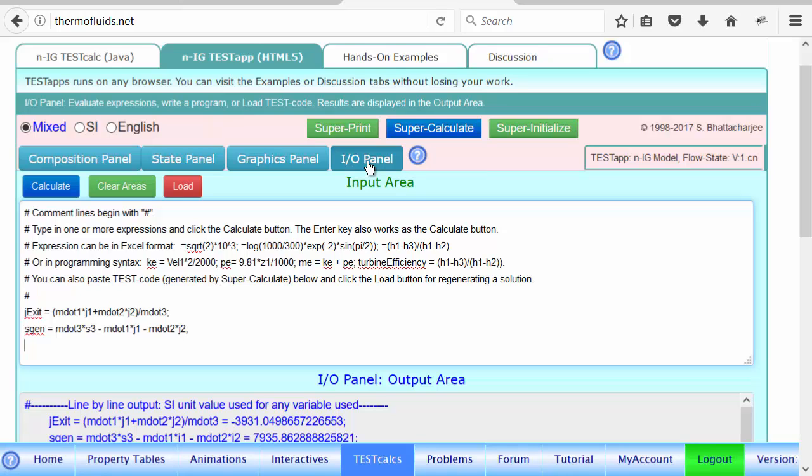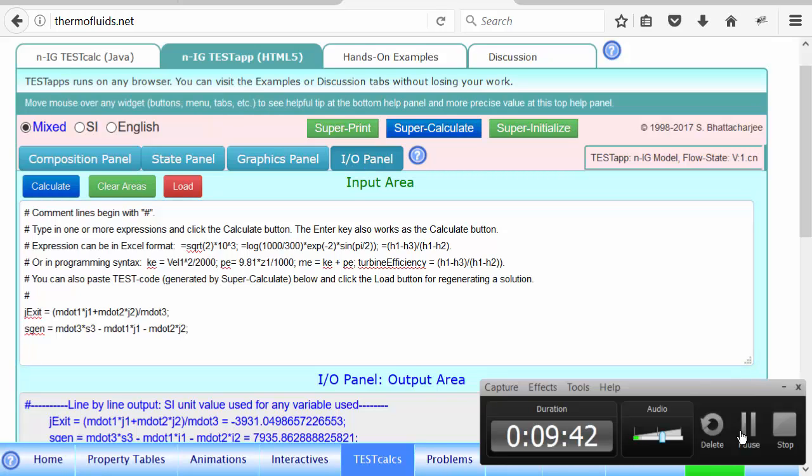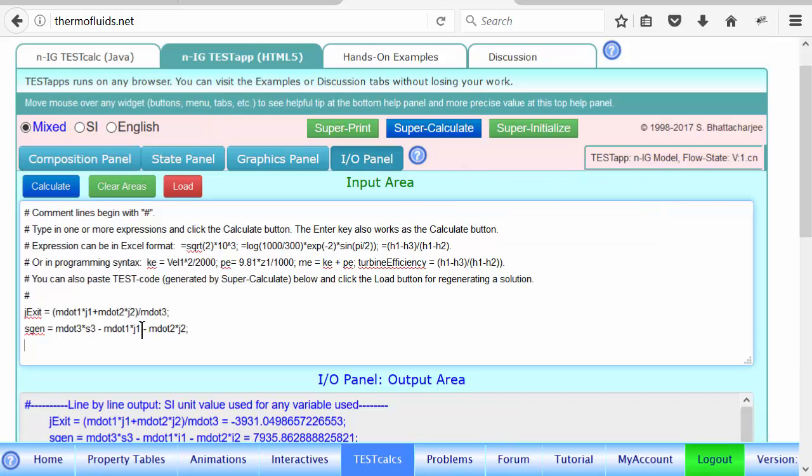So, did I make a mistake? I must have. Yeah. Instead of S, I wrote J. So we go and correct S. S1 is the entropy entering, and not J, it's S2 that is the entropy entering.